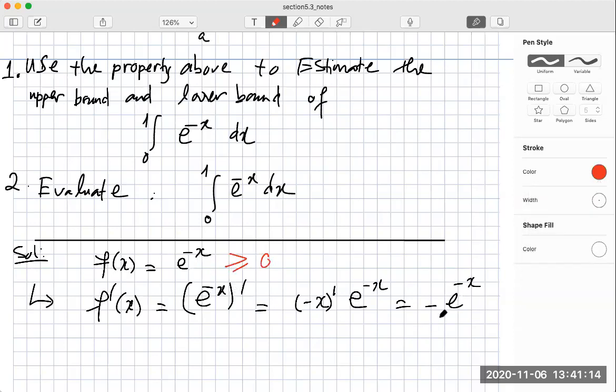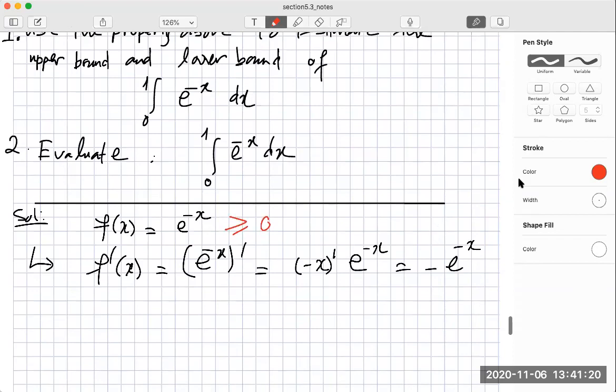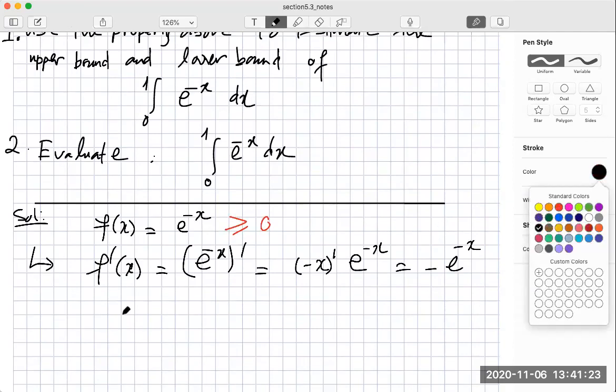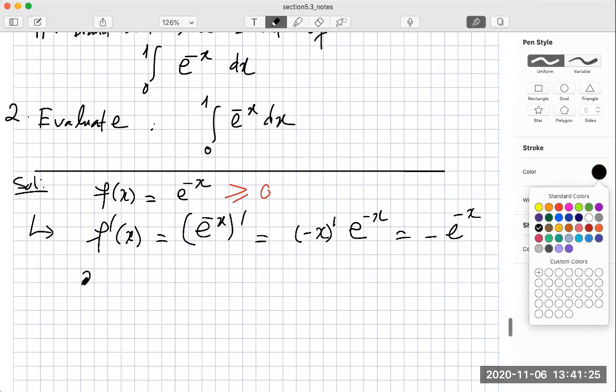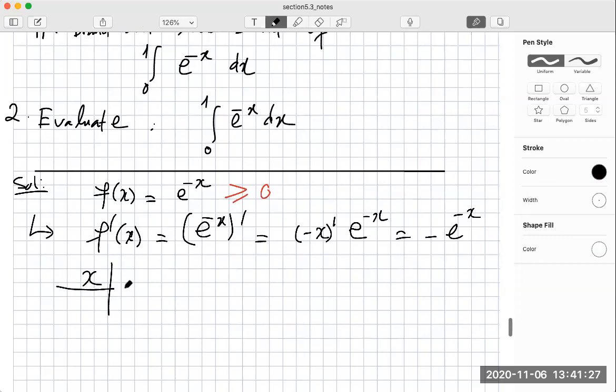And this guy is negative of a positive number. Therefore, we can make a table, make our life easier. We study for any value x between 0 and 1, and we see that f prime of x would be this guy. It is a negative of a positive thing. Therefore, it is always negative, right?